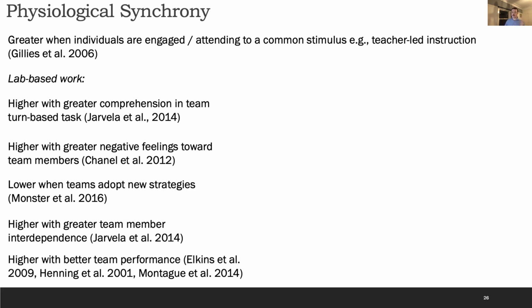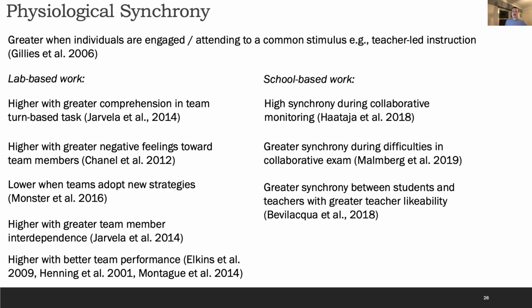So if people are working on a task together and it's not working and they decide to adopt a new strategy, you see a large dip in the synchrony. And this probably reflects the fact that people are not aligned, they're not going through the same processes. You also see greater synchrony with greater team member interdependence. And there's a lot of studies that typically show that there's better team performance when you see higher synchrony.